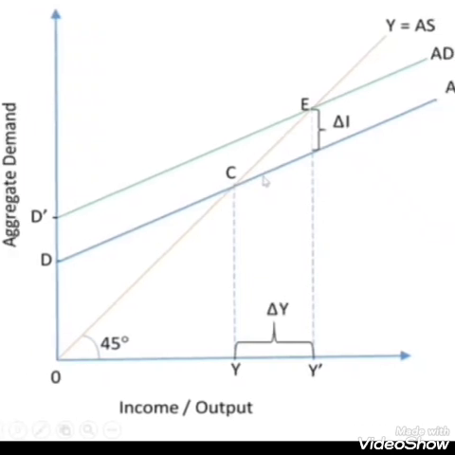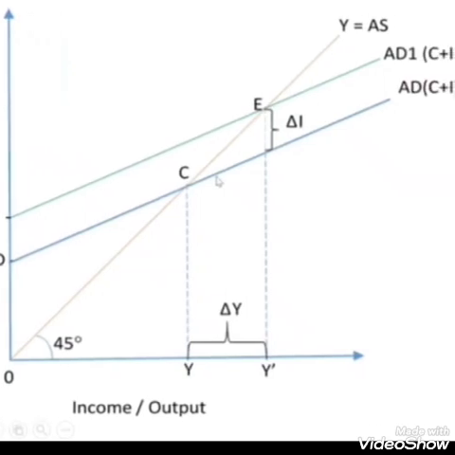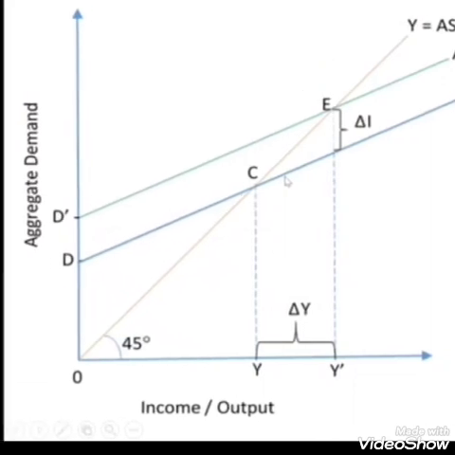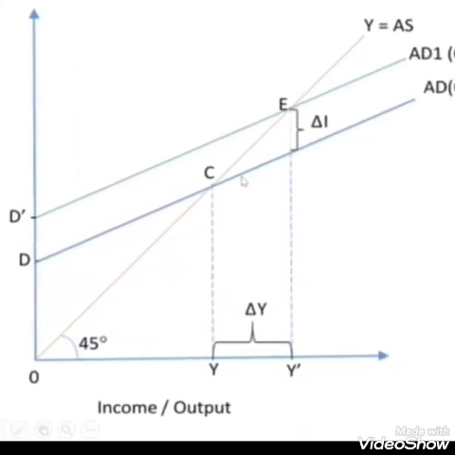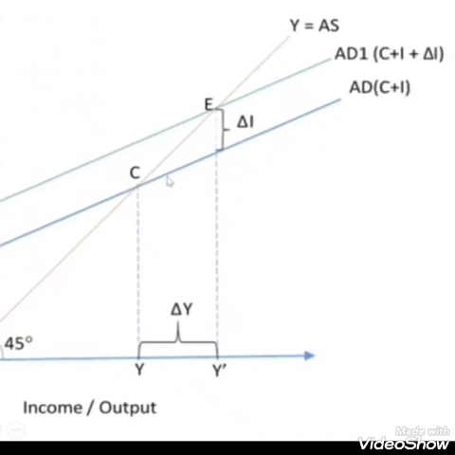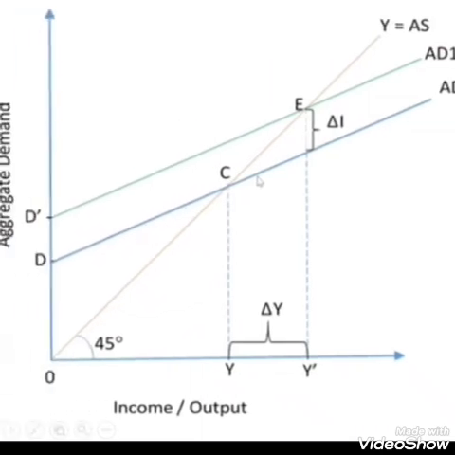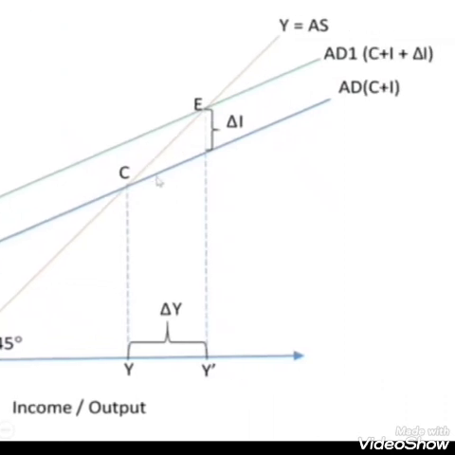In the total case, the K, that means the multiplier, is always 1 upon 1 minus MPC. That means the total consumption is to be subtracted from the total income. So 1 upon 1 minus 0.6, the multiplier is 2.5.